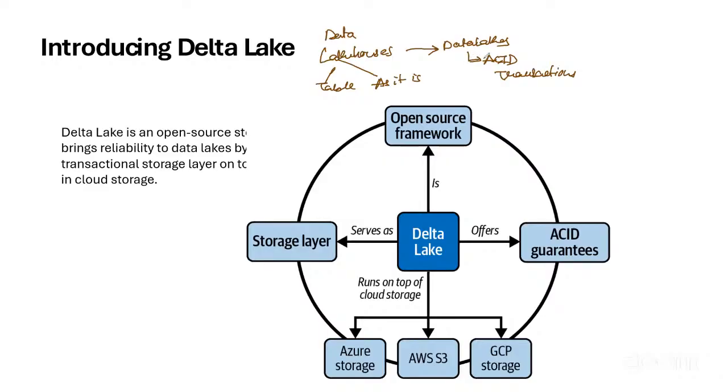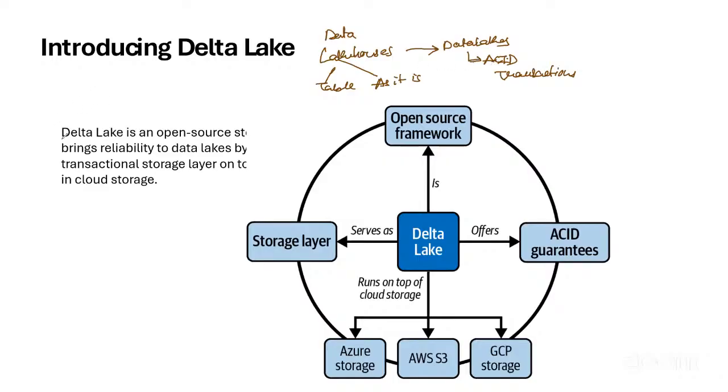Like no proper atomicity, consistency, there will not be any isolation. Of course, the durability part is good in data lakes, but when concurrent read write things are happening, they might collide with each other when people are trying to write data and at the same time read data. When concurrent transactions are happening like that, there might be issues.